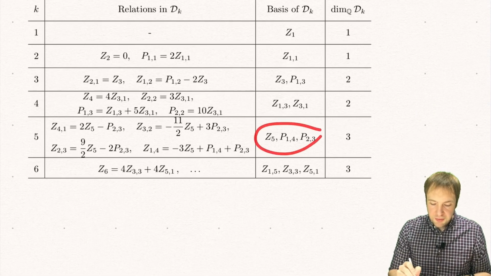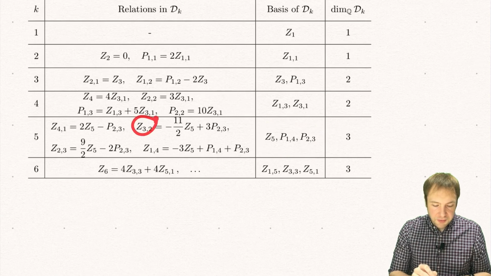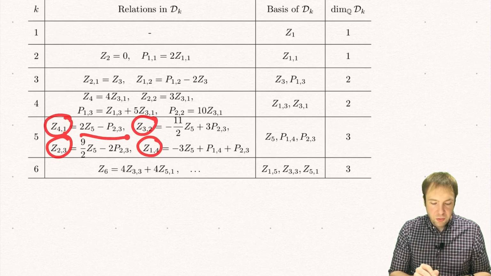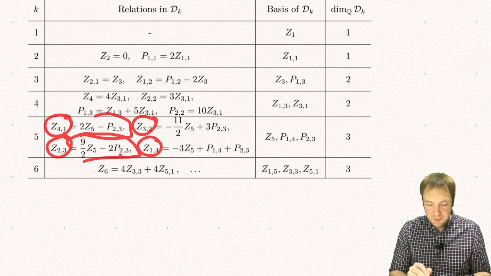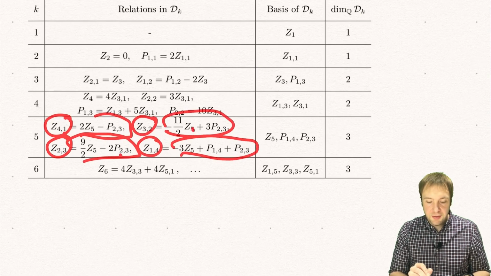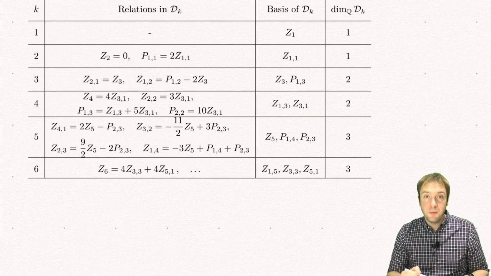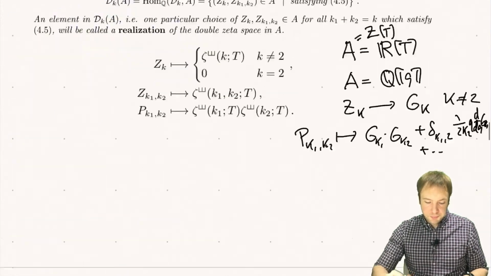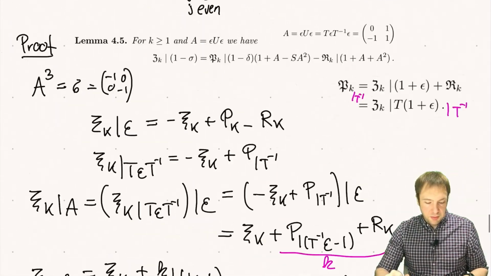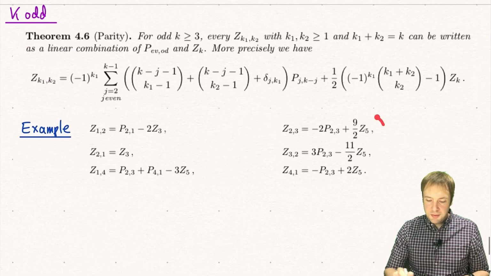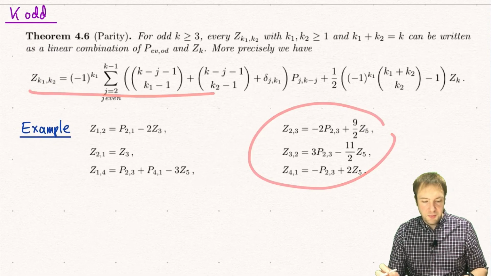But we see that these explicit expressions of these double zk1, k2 in terms of these p's and these single z's follow exactly from this parity theorem. Okay, and here are more examples for this theorem here.